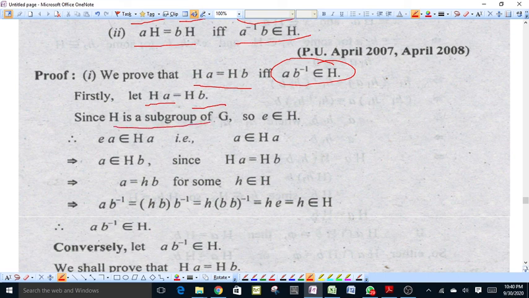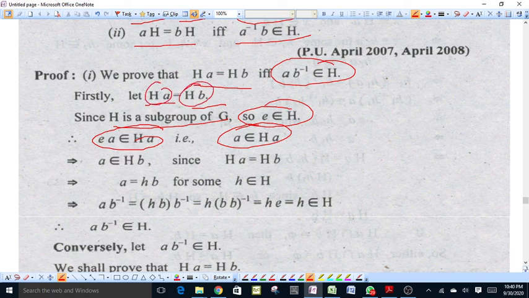Because H is a subgroup of G, the identity element also belongs to H, and the identity element e into a belongs to Ha, that is a belongs to Ha. Because Ha is equal to Hb, any element which belongs to Ha also belongs to Hb.